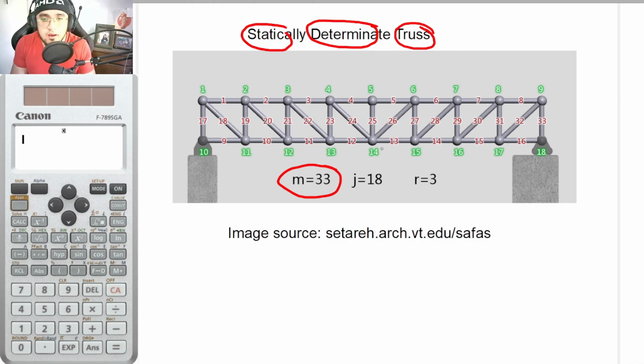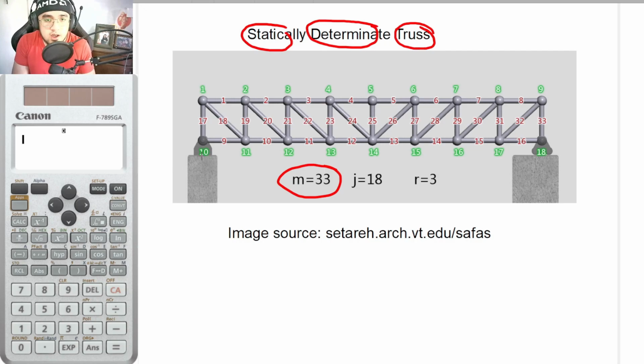Aside from these members, what else should we solve for? Of course, we must also solve for the reactions of the supports, since we have a hinge here and a roller here.